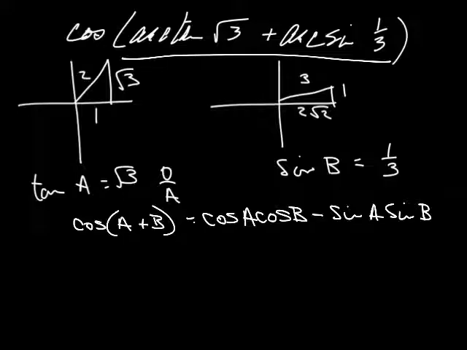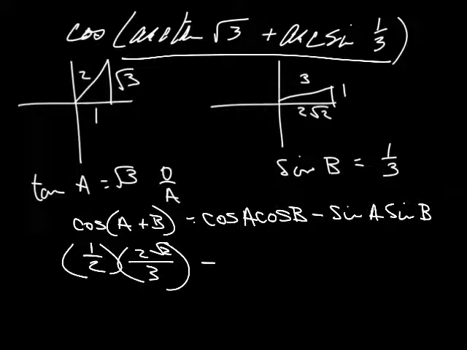So we've got cosine of A, which means that this is my A right here, so I'm going to look at that. Cosine of A is going to be 1/2 adjacent over hypotenuse times cosine of B, so I'm looking at the cosine of this one, which is going to be 2 square root of 2 over 3 hypotenuse minus the sine of A, square root of 3 over 2 times the sine of B, which is 1/3.